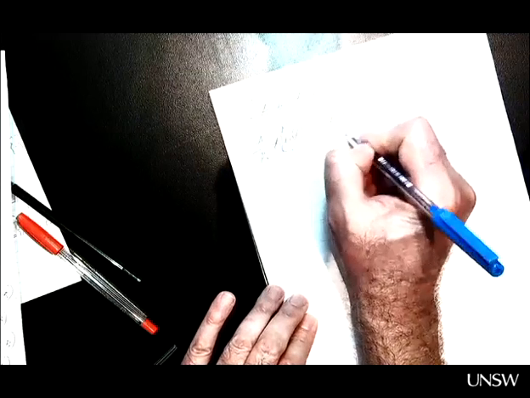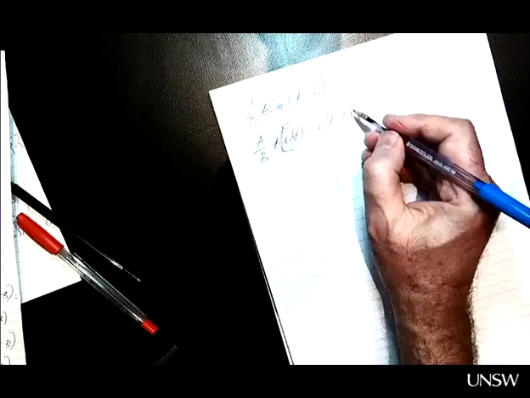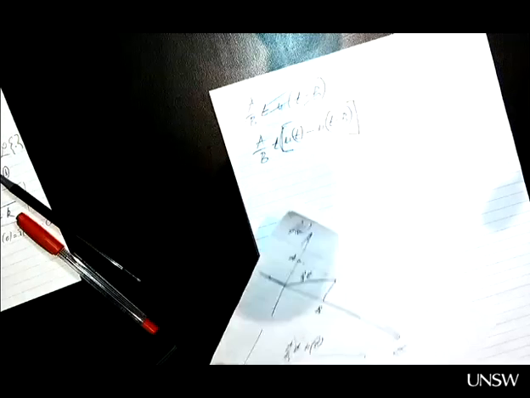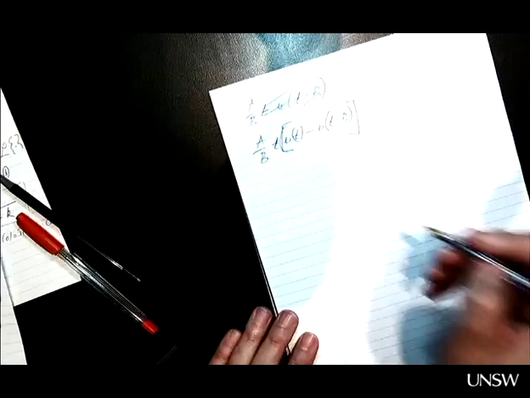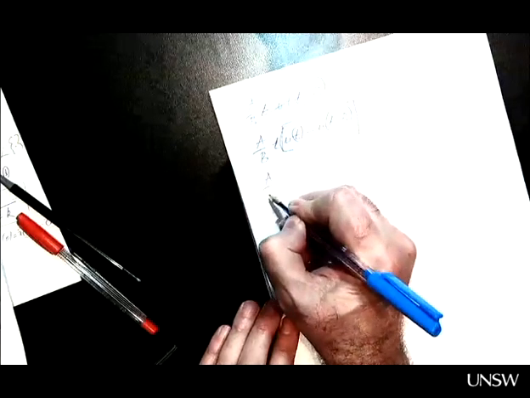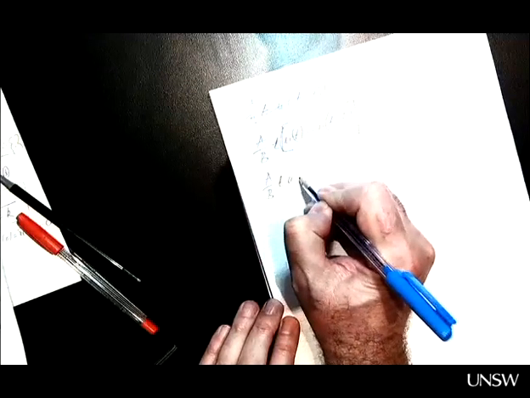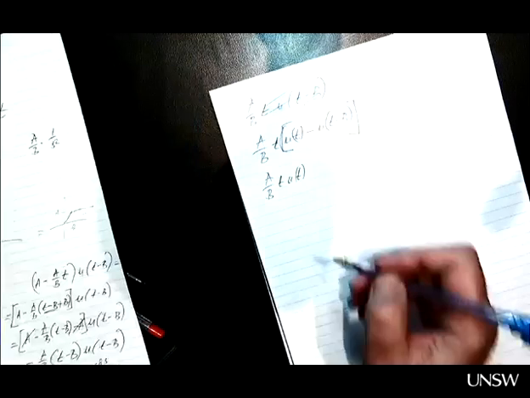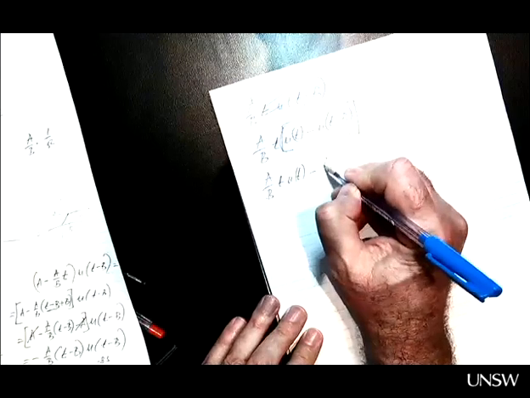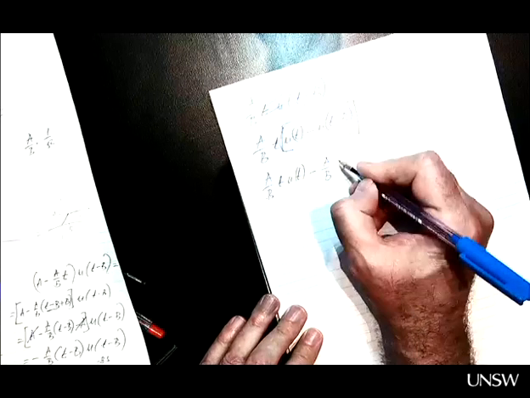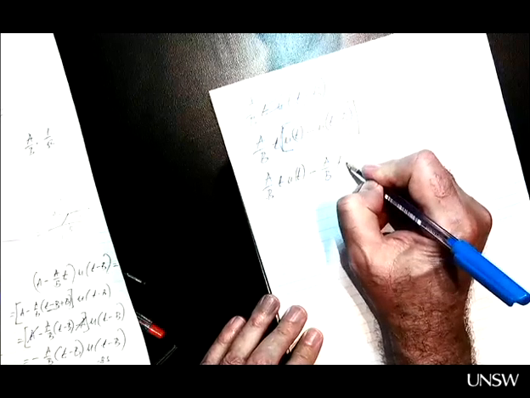This would not be a description of this function because, let's expand it. So a over b, t, u of t. That is this function, this ramp that goes forever. Minus a over b, t, u of t minus b.